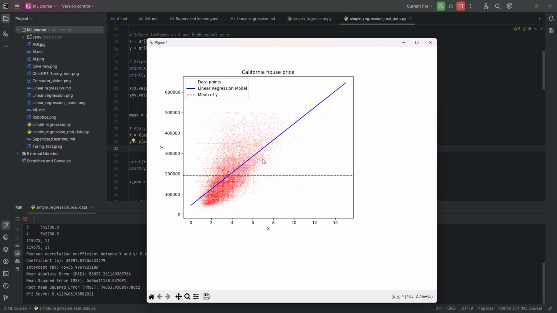Another thing that I wanted to mention here is that if you look closely, you can see some bands here, and these are biased towards round prices. Like you can see this band is around 350,000. So people like to list their houses in a rounded number.